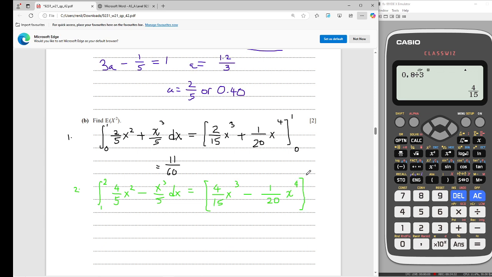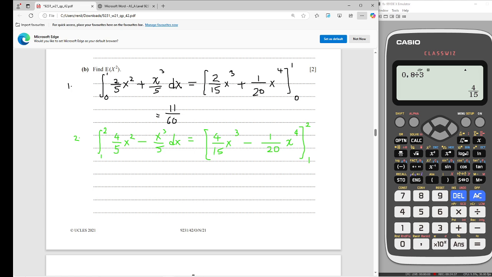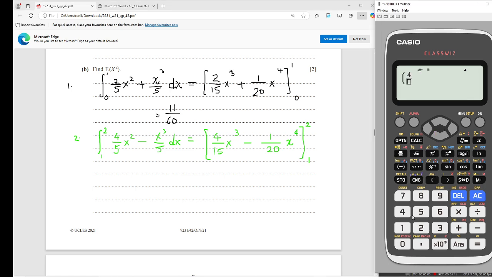This time both limits matter, so let's plug this into our calculator. So 4 by 15 times 2 to the power 3, minus this with 2 to the power 4 over 20. Then we subtract the exact same thing, except we plug in 1 into our lower limit.